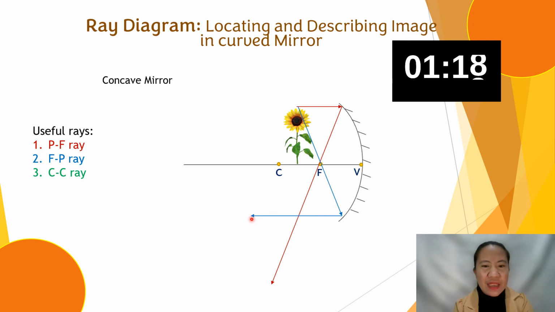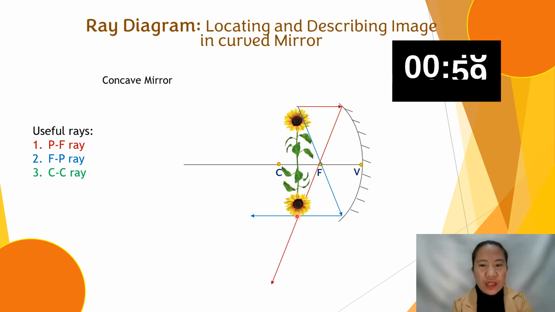But this time, kasi hindi siya mag-hit doon sa reflective surface na ating mirror. So, pwede natin siyang hindi ilagay. So, we could see that the FP ray and the P ray have intersected in a certain point. Then we could say that our image could be formed in this particular point.